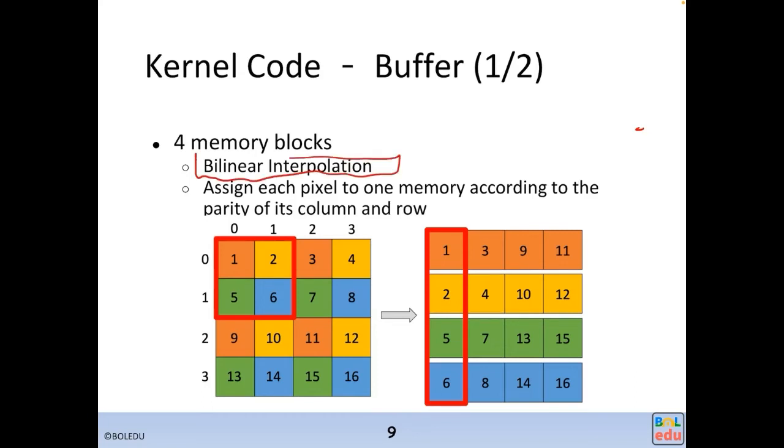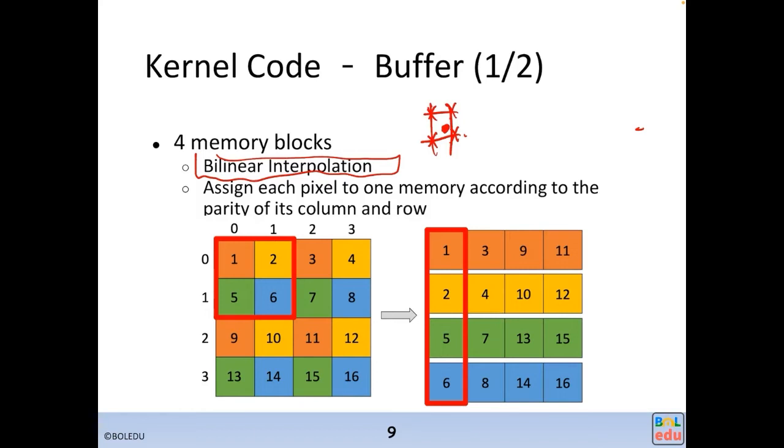So if the position of the output image is not an integer, then we need to find, for example here, and we need to get these 4 values. Then we calculate which one we need to take that value.